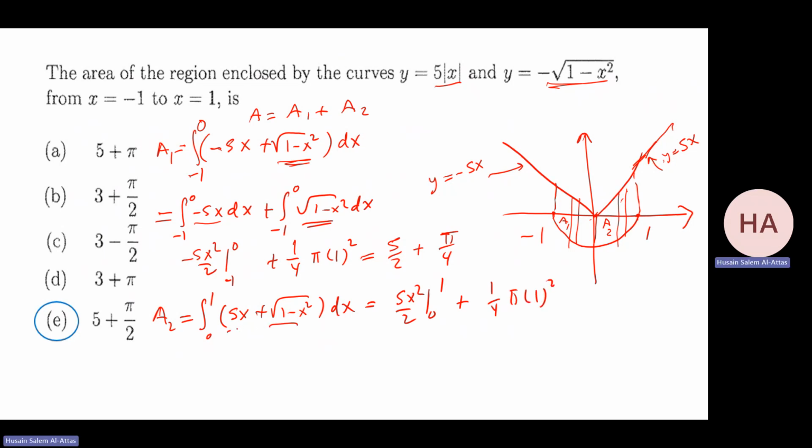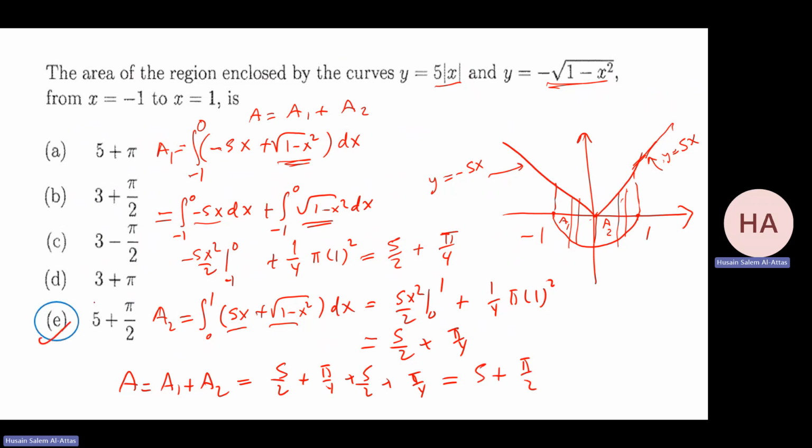I split it into 2 parts, and this will be 5 over 2 plus pi over 4. So my area will be A1 plus A2, which is 5 over 2 plus pi over 4 plus 5 over 2 plus pi over 4. That will give me 5 plus pi over 2.